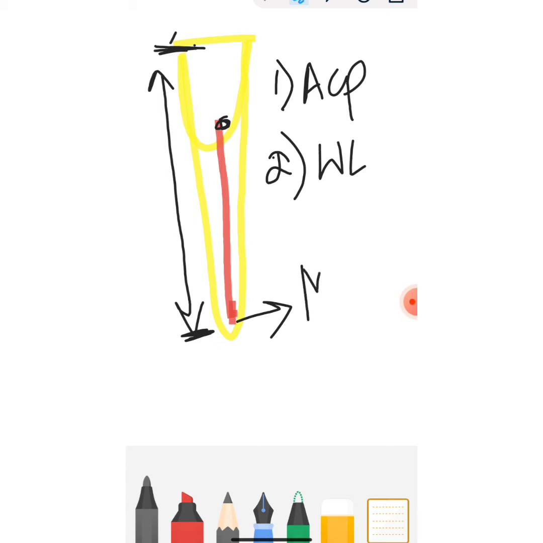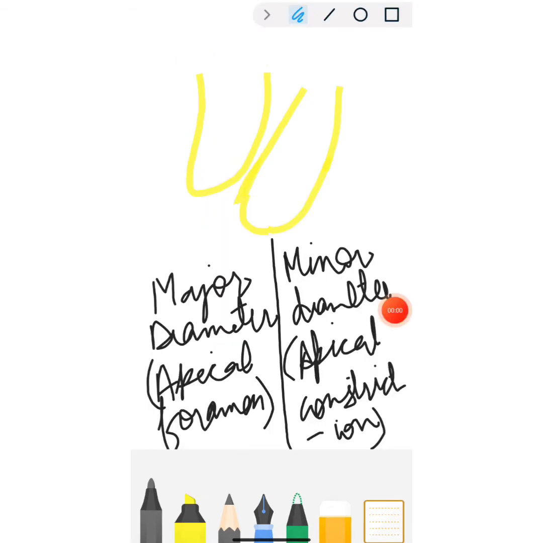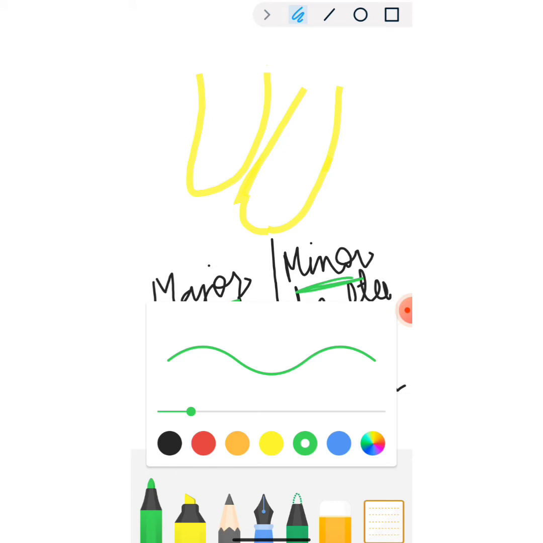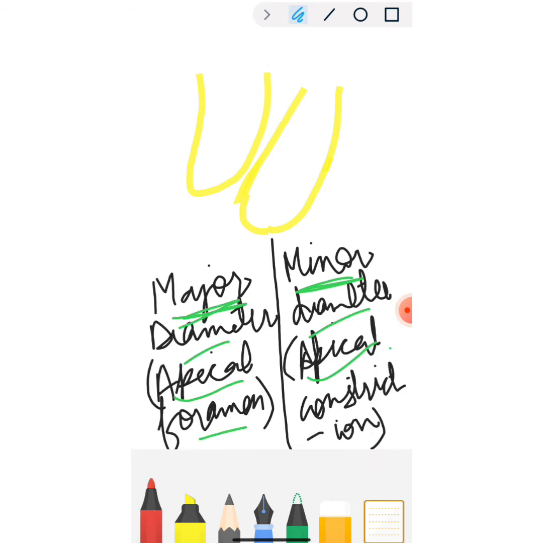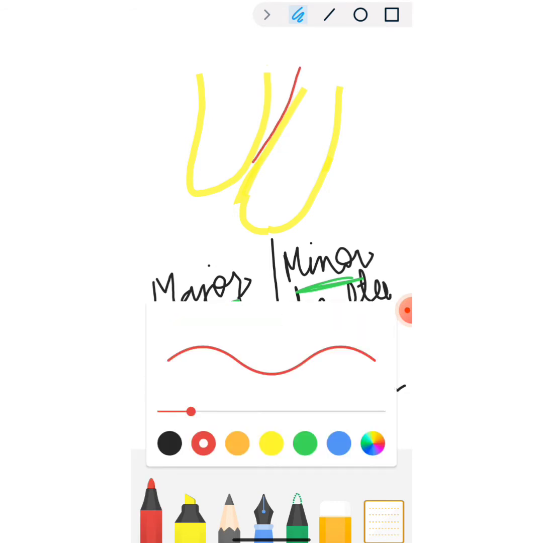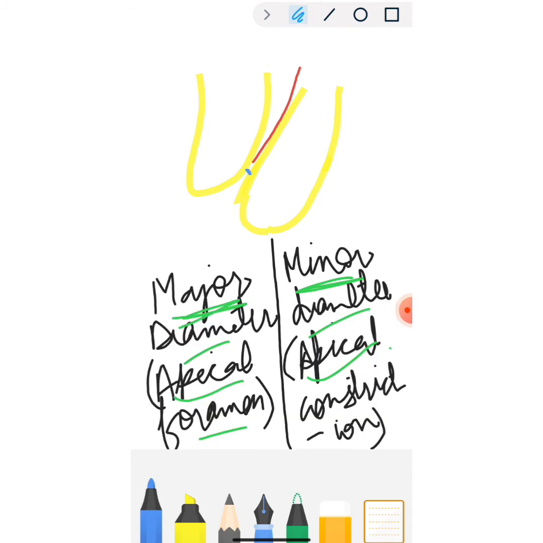This is the minor diameter or apical constriction. So let's understand the concept of major diameter, which is also known as apical foramen, and minor diameter, which is known as apical constriction. See, this is the most constricted part and is therefore known as apical constriction, the minor diameter.